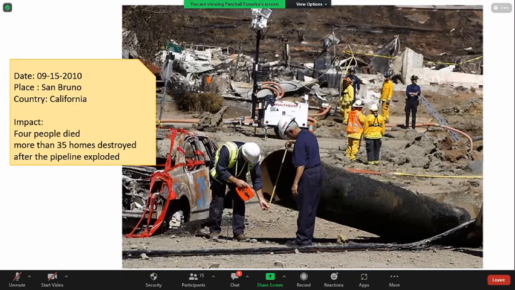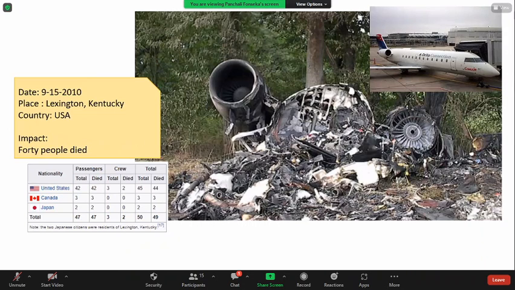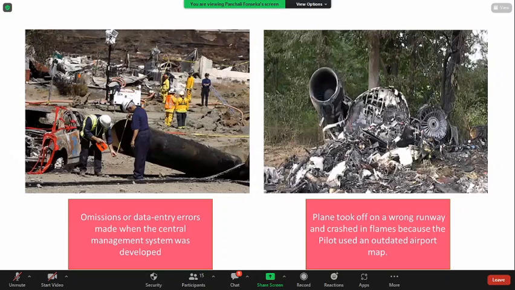Another one happened to a flight in the USA. 40 people died, and the reason was not actually the accident or anything else. In the first picture, the reason was an omission or data entry error made when they were building the central management system.